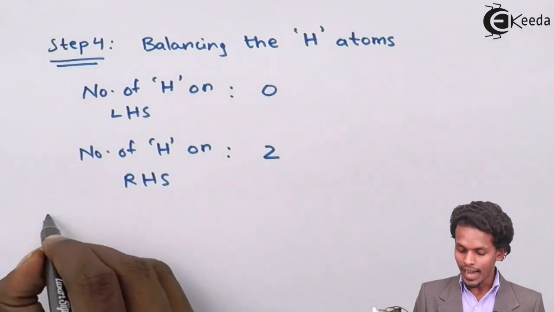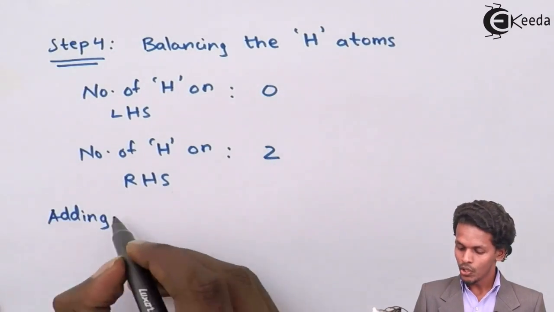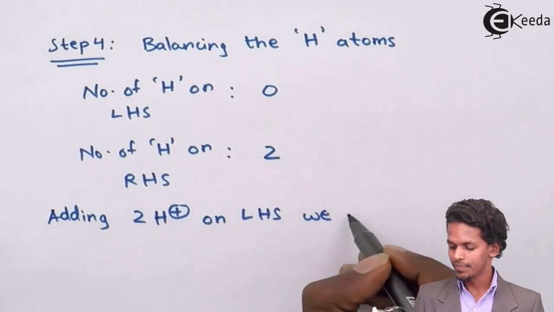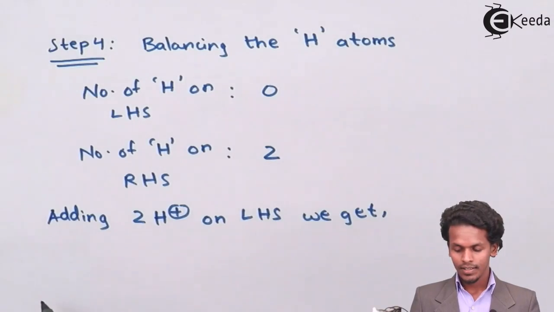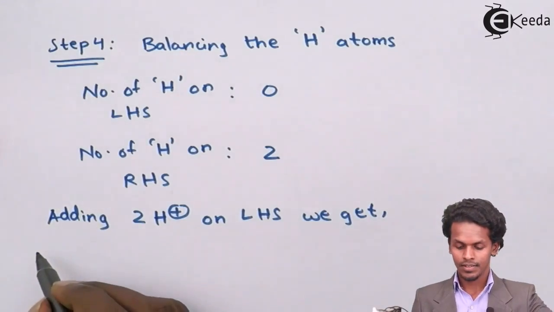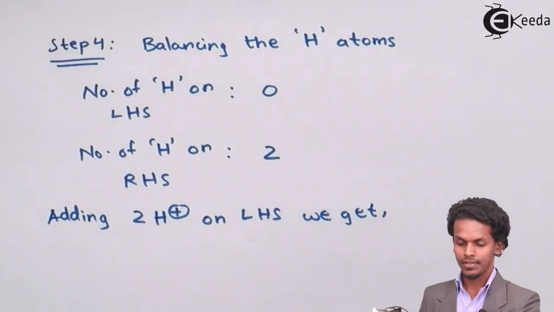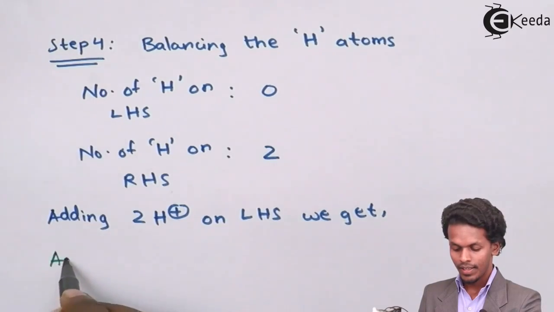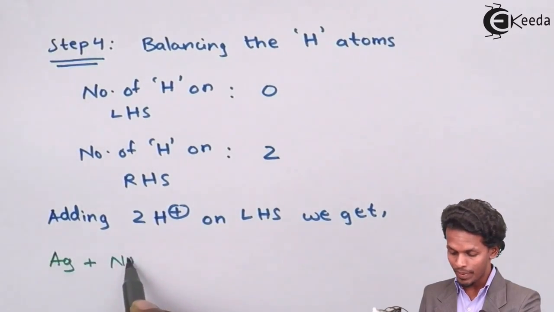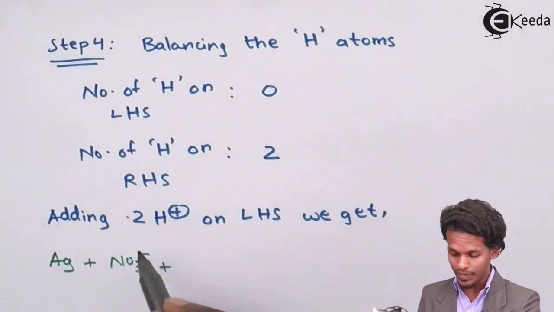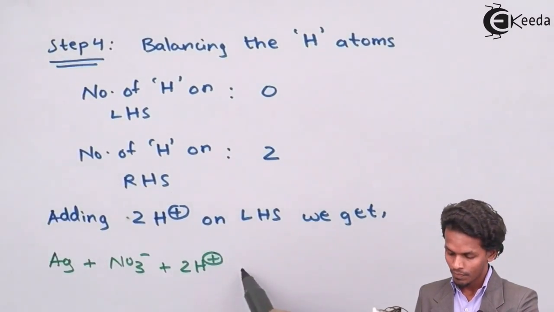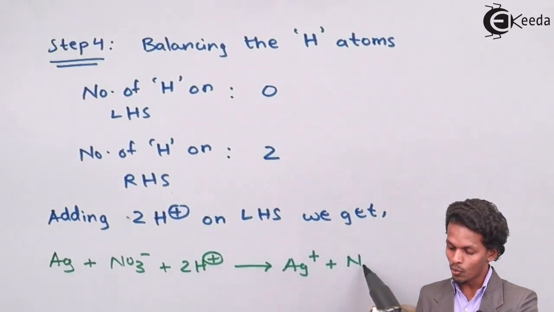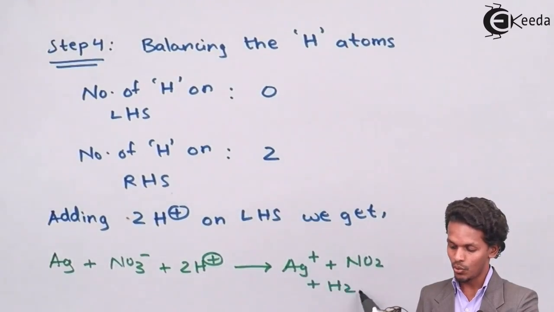Adding 2 moles of H plus on the left hand side, we get Ag plus NO3 minus plus 2 times H plus, that should give us Ag plus NO2 plus H2O.